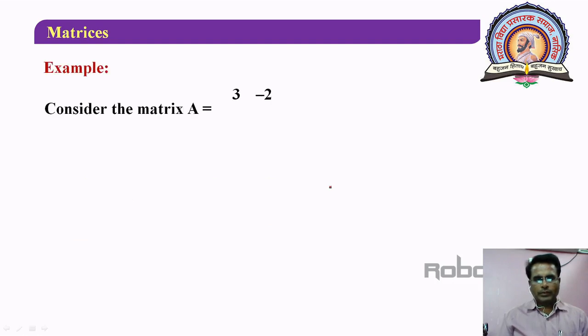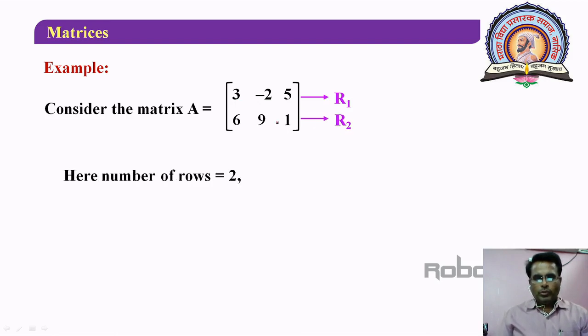So consider a matrix consisting of elements 3, -2, 5 in the first row, and the second row contains 6, 9, 1. They are enclosed in a rectangular bracket. Here we observe that 3, -2, 5, the first horizontal line, is R1, and 6, 9, 1, the second horizontal line, is R2. Similarly, the number of rows is equal to 2.